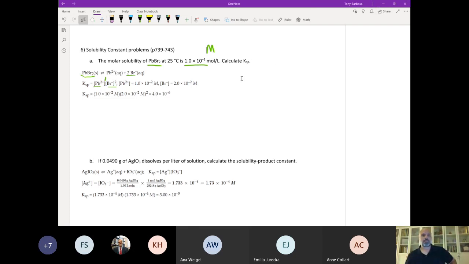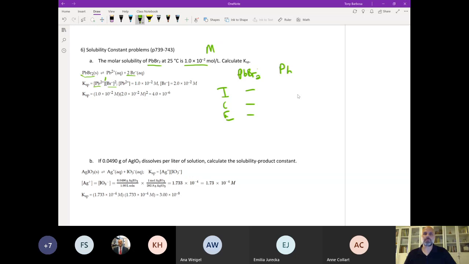All right, so this is one of the examples where we set up our ice tables. And we have our ice table where we have our lead bromide. Because it's a solid, it's not going to be present.